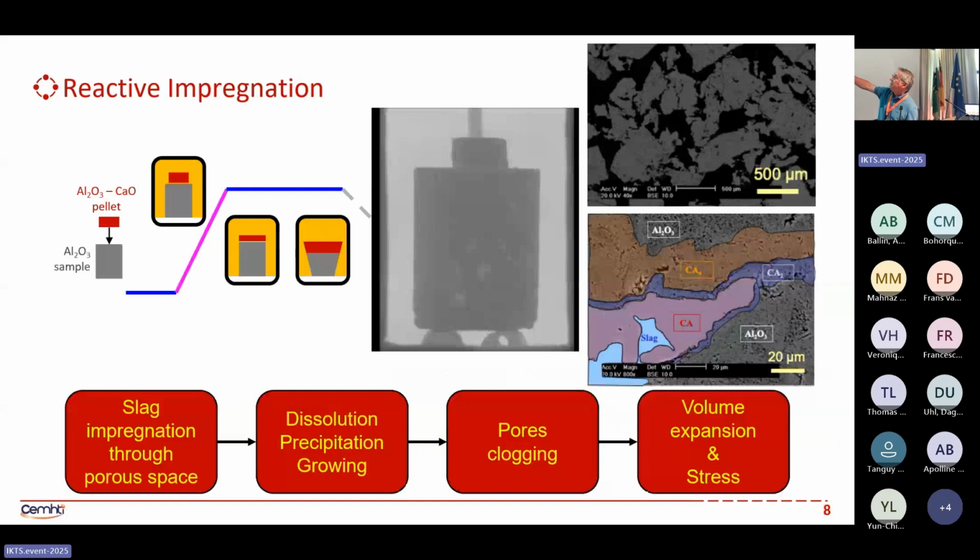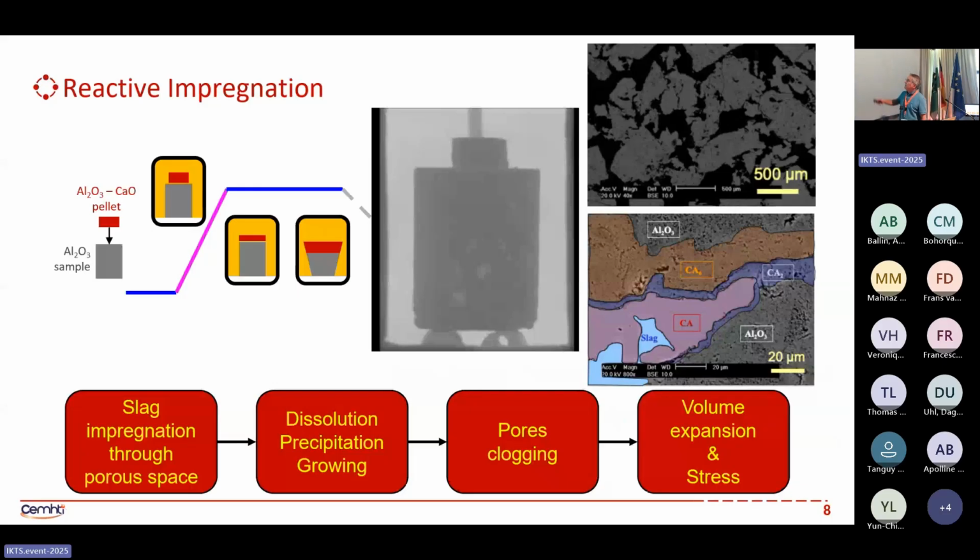But you can imagine this is a block of refractory with few pellets put on the top, and then we could look at the temperature, and we could observe that, of course, with the increase in temperature, the pellets start to deform, to wet, and to impregnate, okay? This is what we could expect, and it corresponds to this schema.